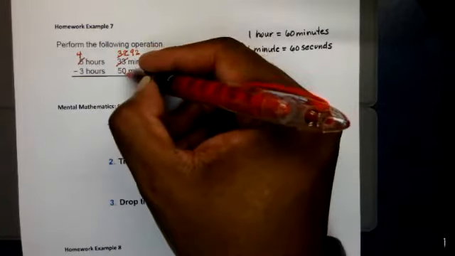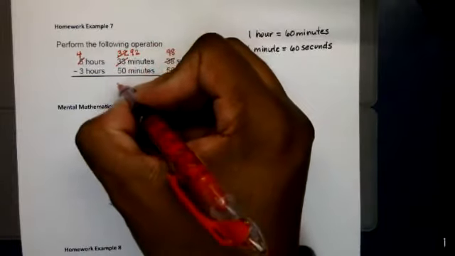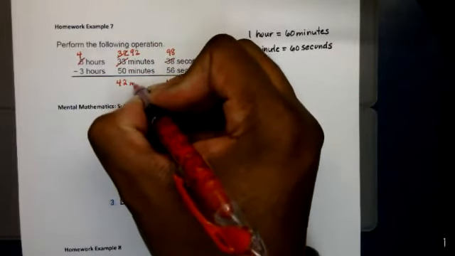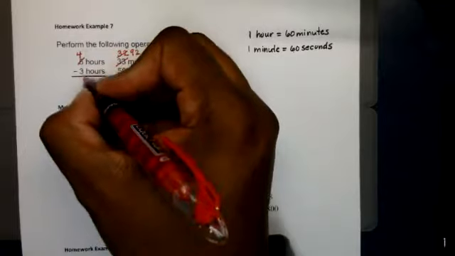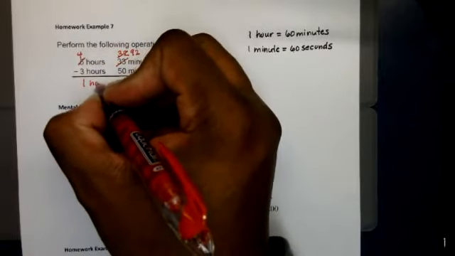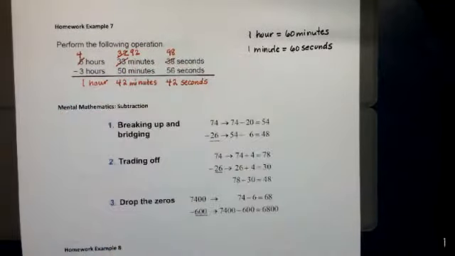And now I can subtract 50 minutes from 92 minutes. That will be 42 minutes. And then 3 from 4 will be 1. So my final answer there will be 1 hour, 42 minutes, 42 seconds.